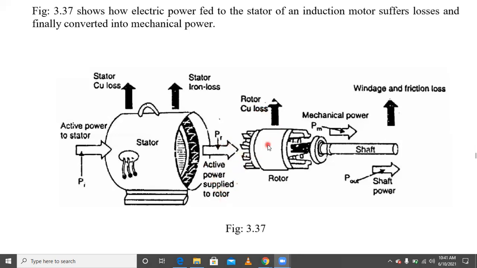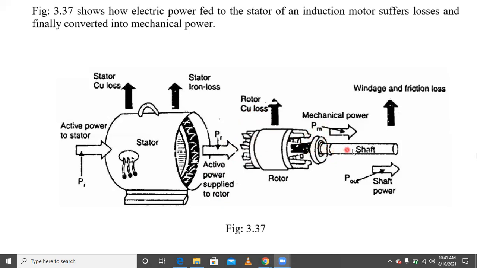This is the input power. And then what is the mechanical power developed on the shaft? This rotor input PR minus the rotor copper loss is called the mechanical power developed on the rotor shaft of this induction machine. This input minus these losses is called mechanical power. And this is the mechanical power developed on the rotor.